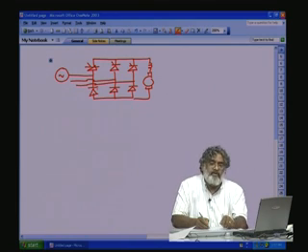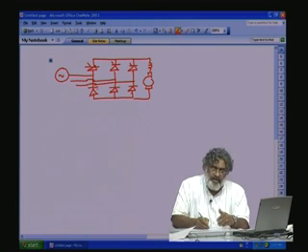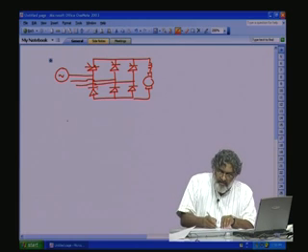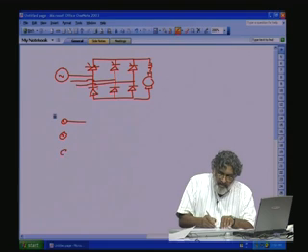Now, as I told before, these two can also be independently controlled, as in the previous case of midpoint conversion: the positive converter during the positive half cycle of the waveform, and the negative converter during the negative half cycle. So, that means we have E1 here, E2 here, E3 here. Okay.